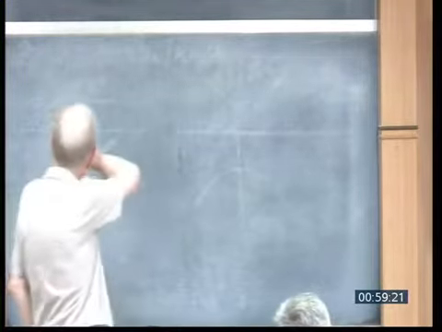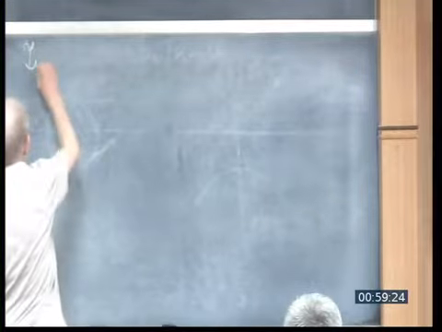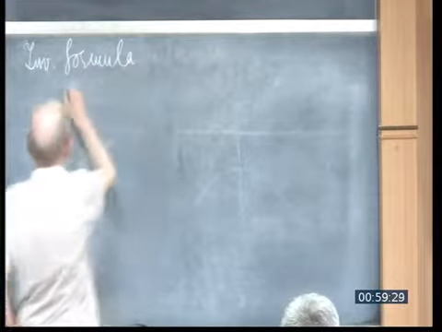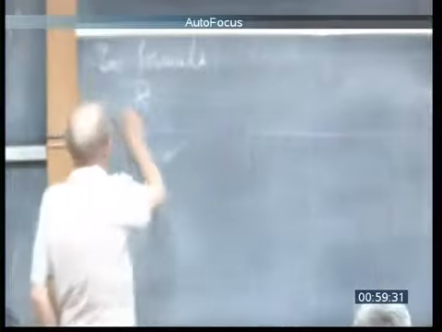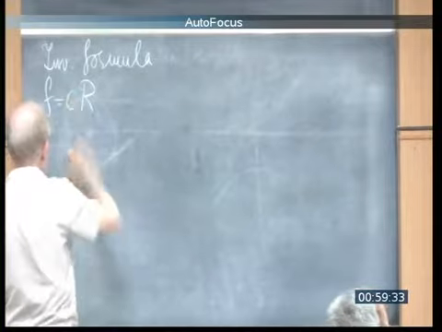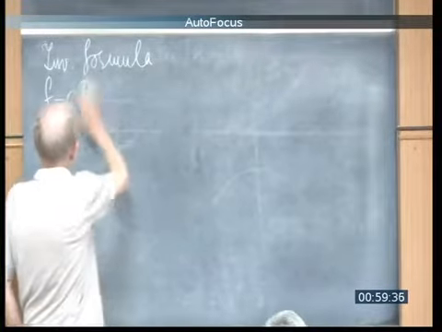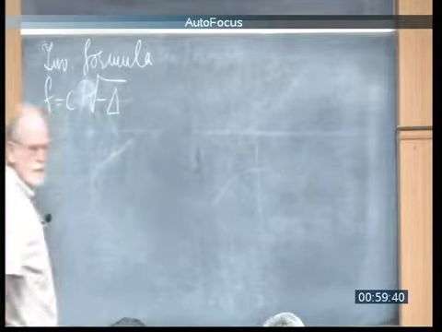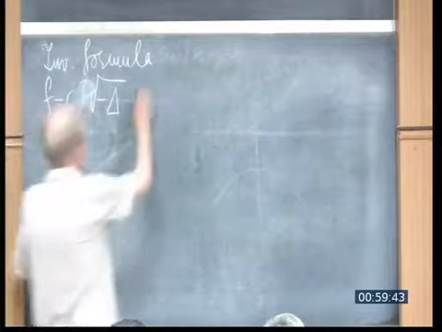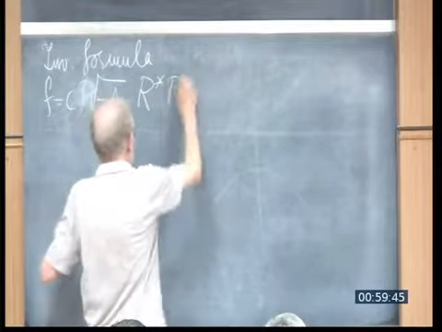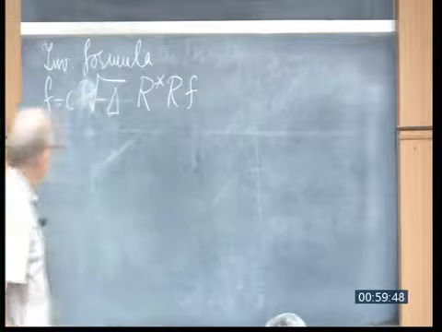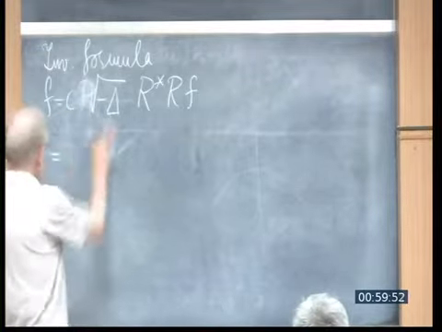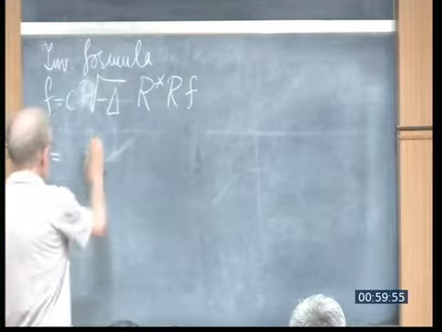Maybe I write it down. Well, the inversion formula for the Radon transform, there are many ways to write it. f is equal to some constant in 2 dimensions, the square root of the Laplacian, and R star R. And this is actually a convolution with a distribution.